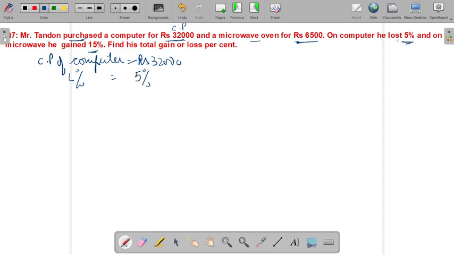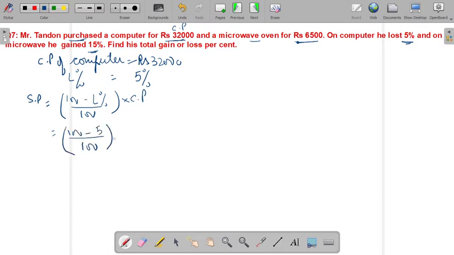It is given 5%. So we will find out the selling price: (100 minus loss percent) upon 100 multiply CP. So let's solve it. (100 minus 5) upon 100 multiply CP. So this is 95 upon 100. Here instead of CP we will substitute its value, that is 32,000.